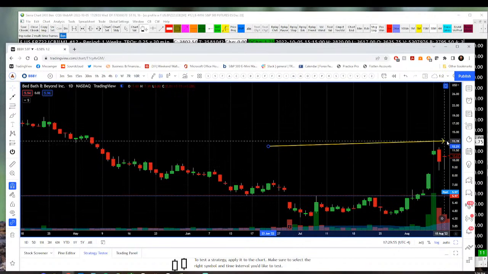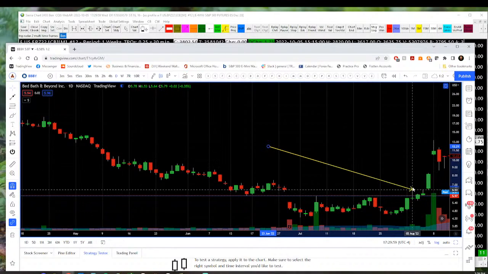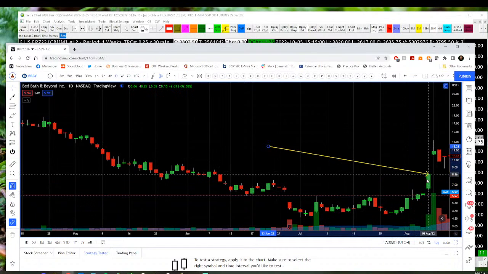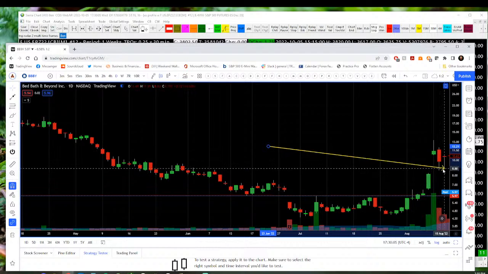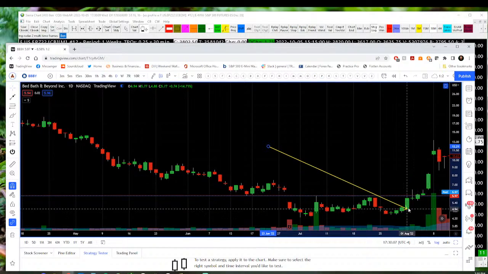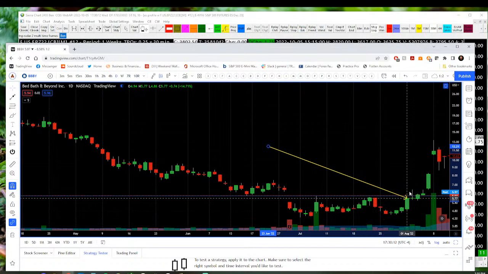So you do end up getting a move up higher. What it doesn't tell you is whether or not you should be getting long, like in here or here or here. It doesn't tell you that. It just says shorts might be screwed for a little bit.